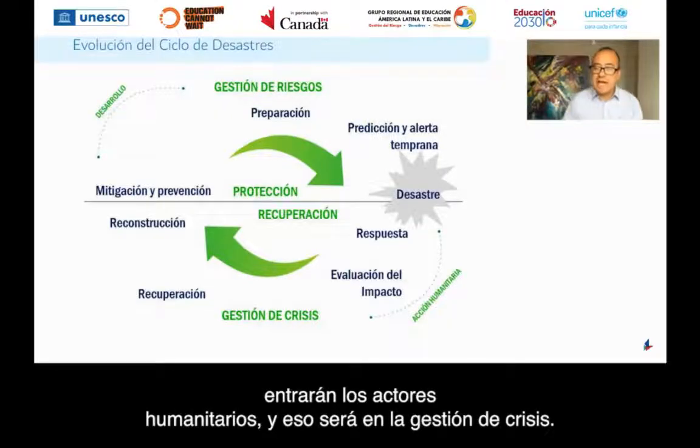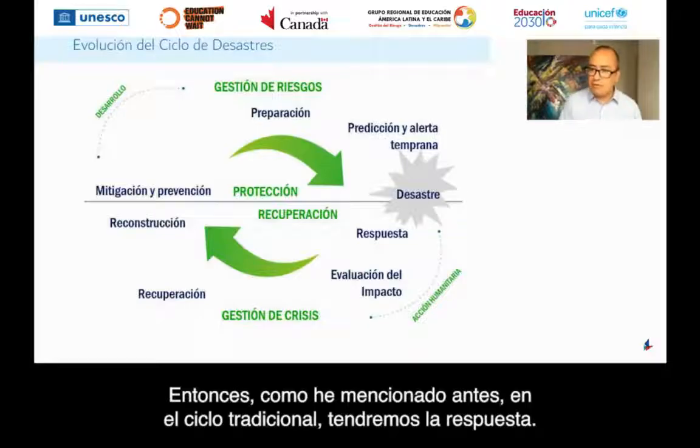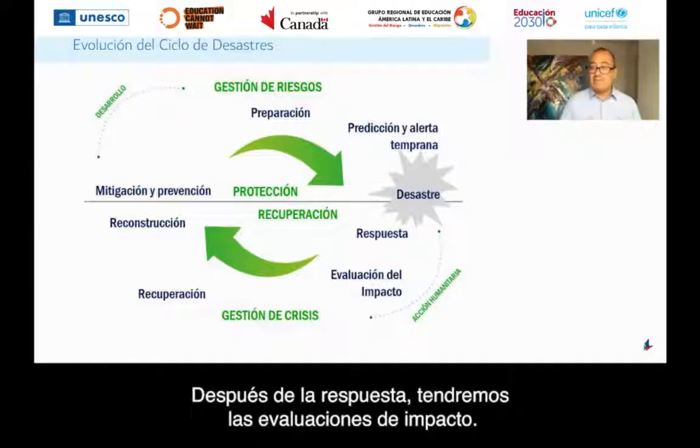That will be on the crisis management. As I mentioned before, in the traditional cycle we have the response. Then after the response, we have the impact assessment.